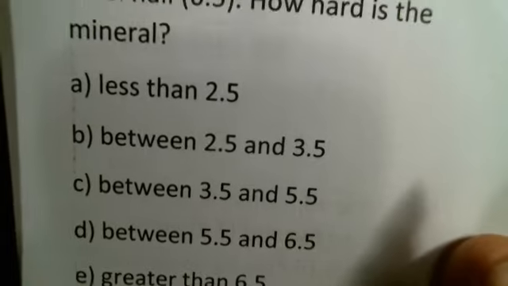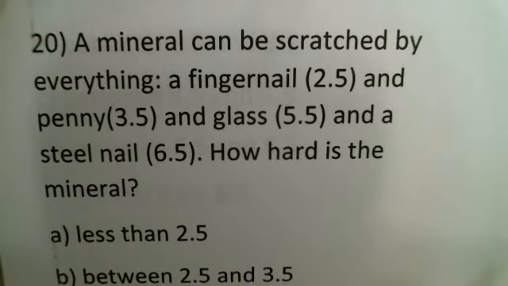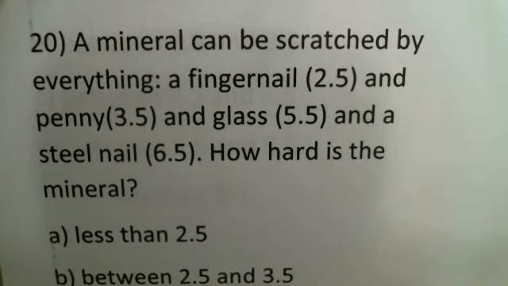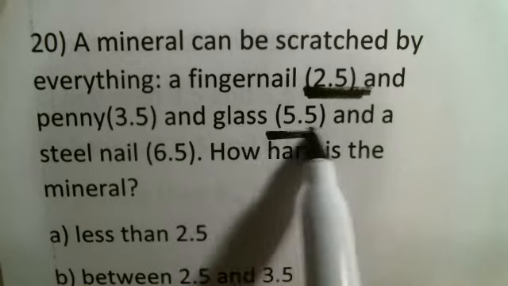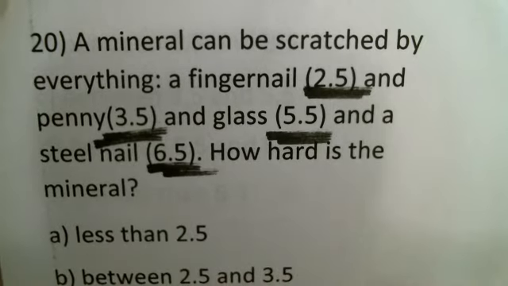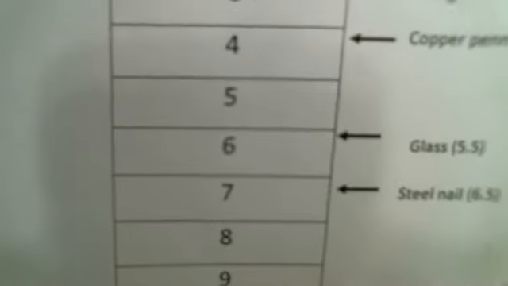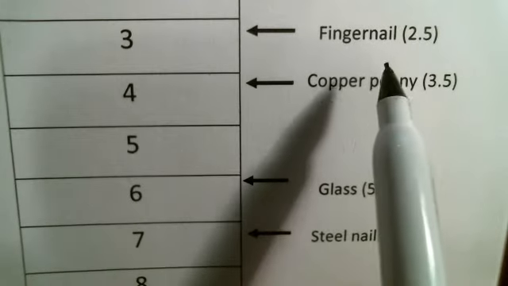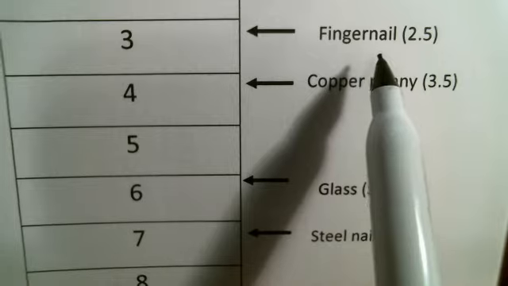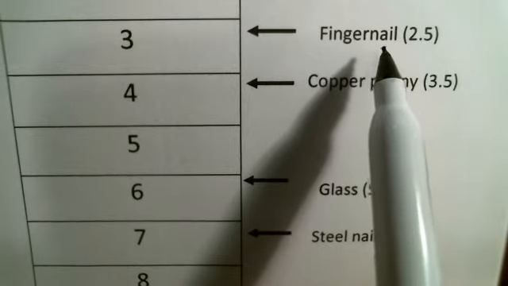Number 20. A mineral can be scratched by everything: a fingernail, penny, glass, and steel nail. How hard is the mineral? These numbers are the hardnesses according to the chart that we just drew on. And so if a fingernail can scratch it, that means that it is softer than the fingernail.